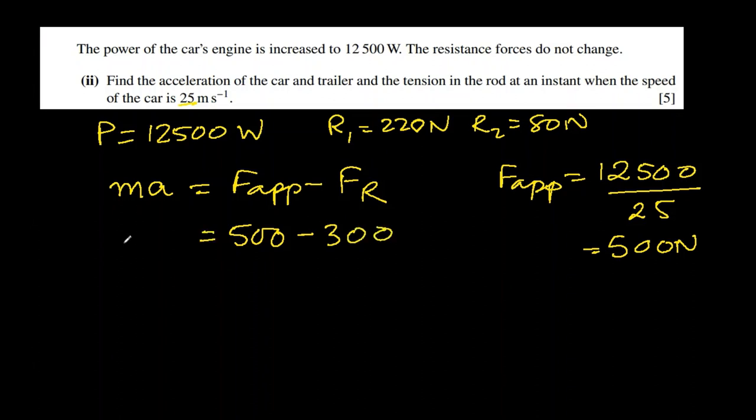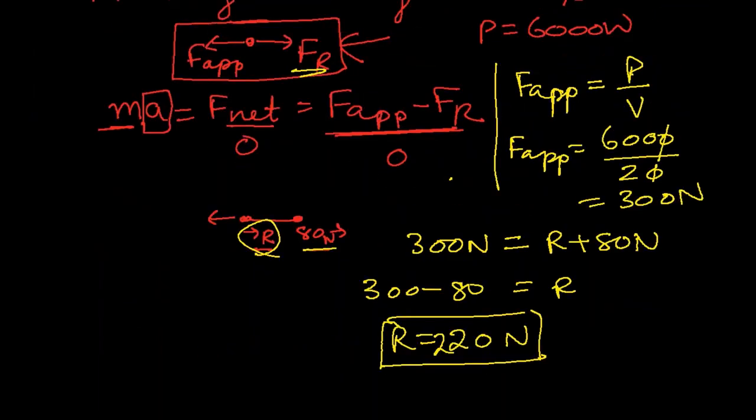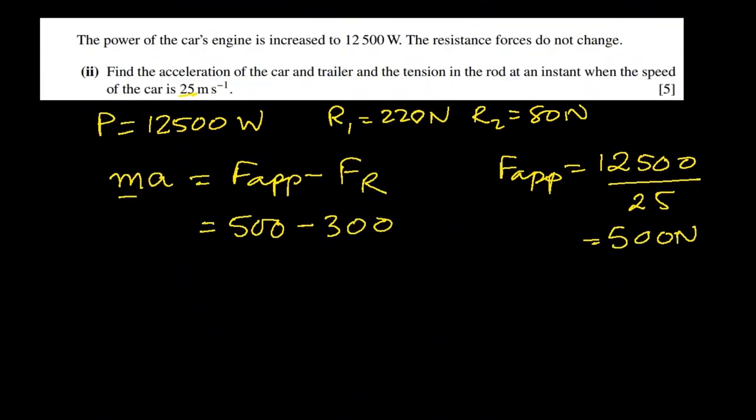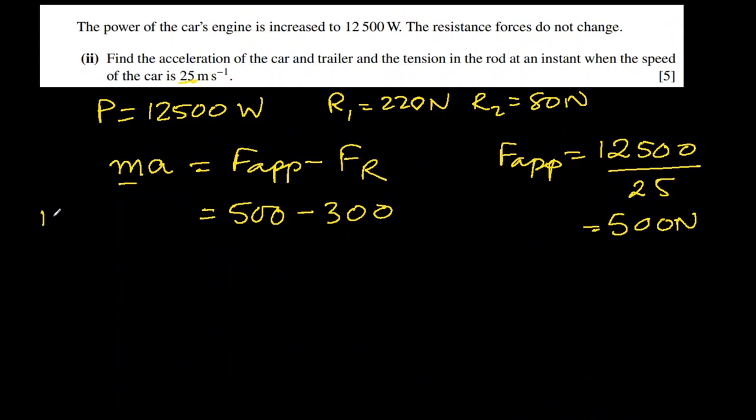Okay, acceleration is with us now. Mass is how much? Let me see again. What was the mass? 1500 and 300, times a. Both the masses are moving with acceleration a, and this is the difference of applied force and resistive force.